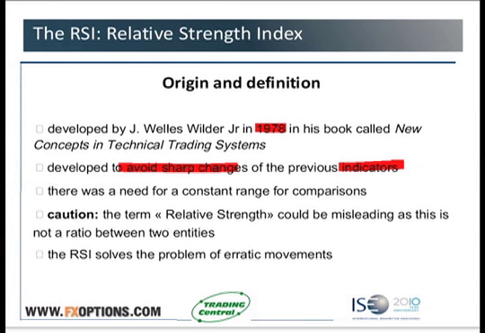But if the price 10 days ago was a movement of 5%, and if the price hasn't moved since that day, you can see on your indicator a sharp move, but without any sense. So that's why the RSI is more useful in this case. There was also a need for a constant range for comparisons.